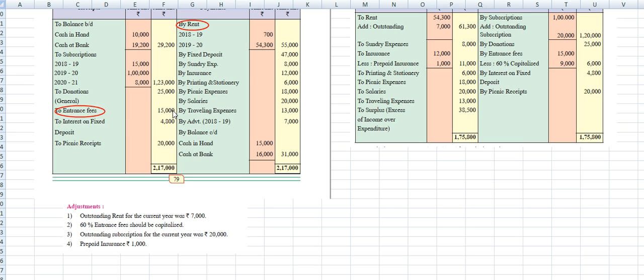We need to calculate this on the 15,000 at 60 percent. The third adjustment is outstanding subscription for the current year, 20,000 rupees. The current year subscription amount is 2019-20, which is 1 lakh rupees, and we need to add this outstanding amount of 20,000.